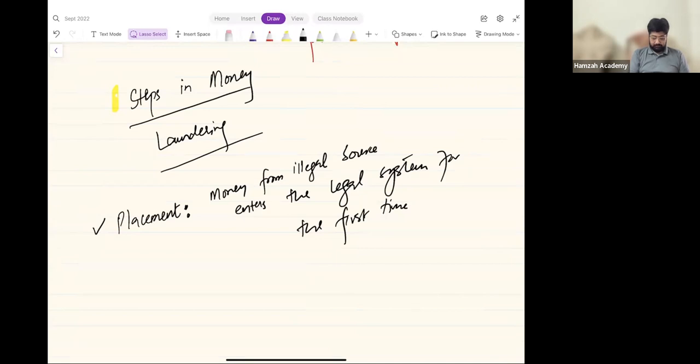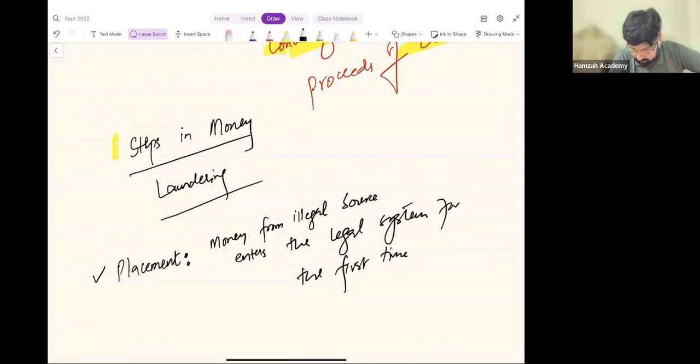Now, let us talk about it in detail with examples. A person took a bribe and deposited it in the bank, entering the legal system for the first time. Another example. A person sells a product whose price is 5,000 rupees.